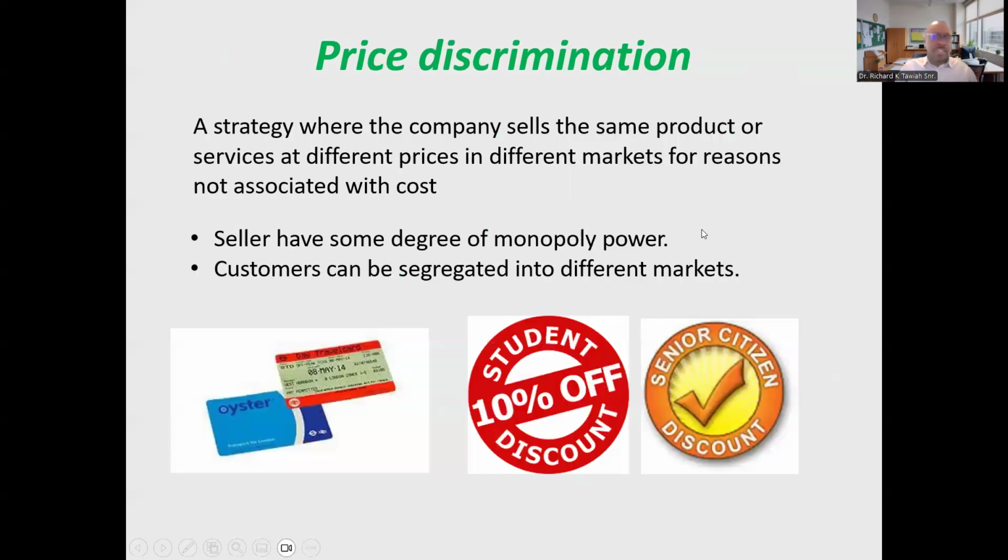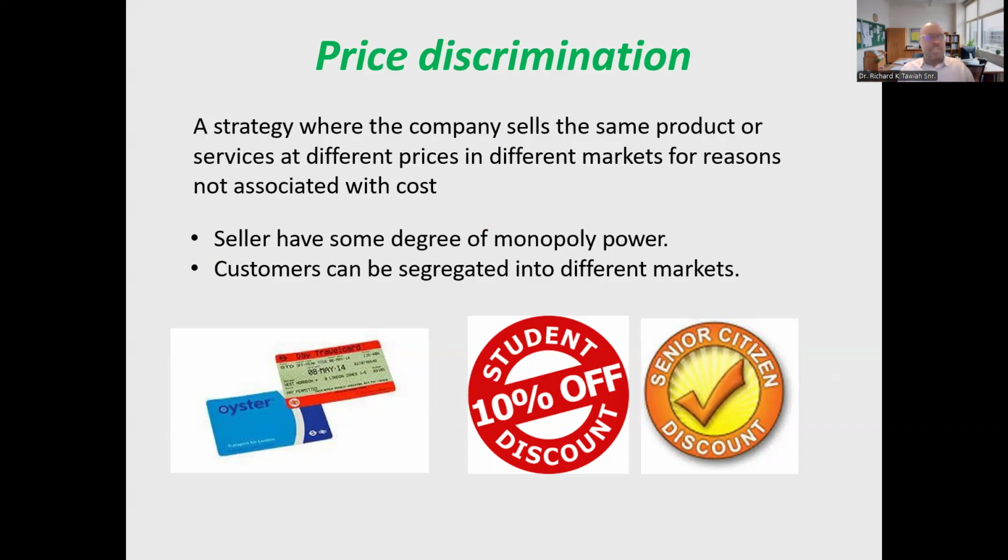Then we've got price discrimination. Like the name sounds, it is a strategy. The company will sell the same product or service at different prices in different markets. You go and buy a cup of tea in a particular restaurant, and they know this guy is not an ordinary person, he's a high-end person, and they sell it to you at a higher price.